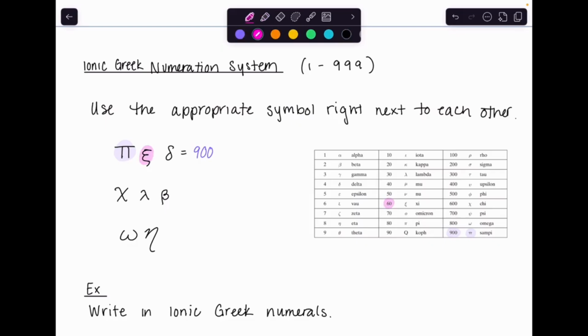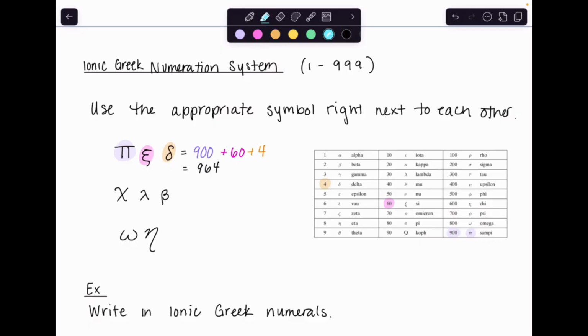So that's going to be 60. And then last up, looking at this symbol, that is going to be our delta, which is 4. So this is really 964. Okay.